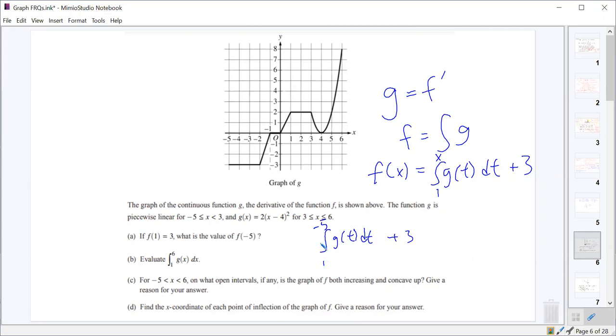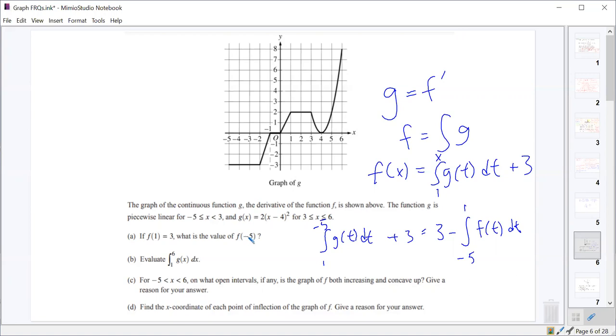Normally we go from left to right, and this is right to left, so we can flip the limits of integration. If we flip the limits, we flip the sign, make it a negative: the integral from -5 to 1 of g of t dt. Everybody good with that? Yes, no, maybe? Yeah? Okay.